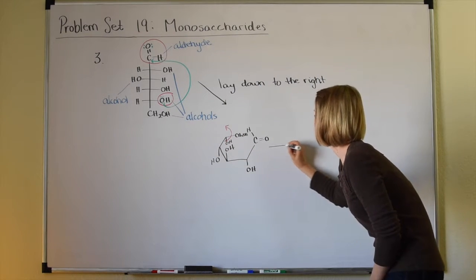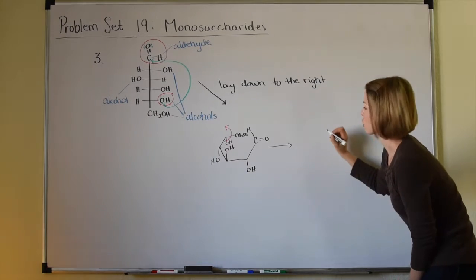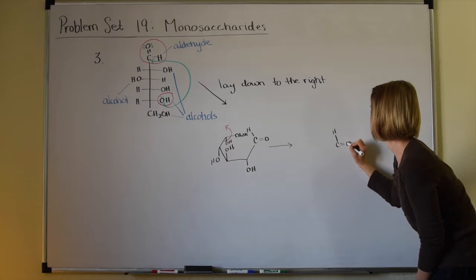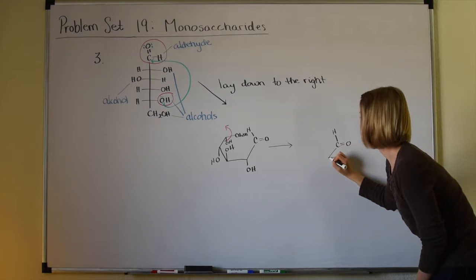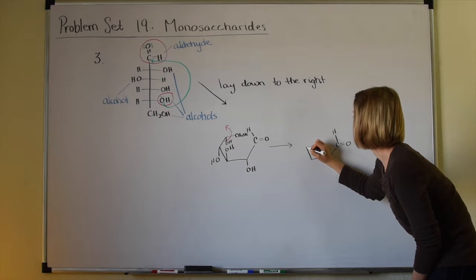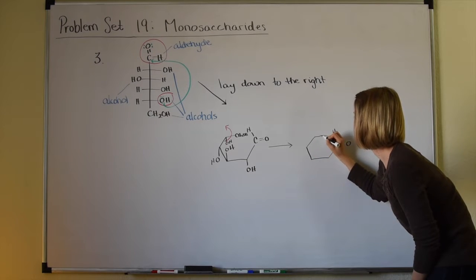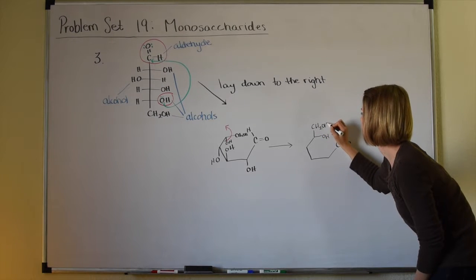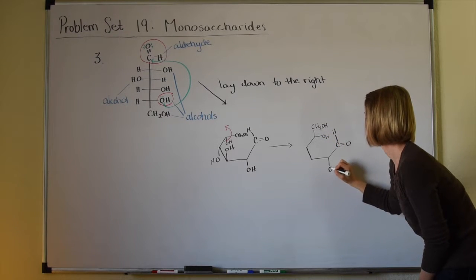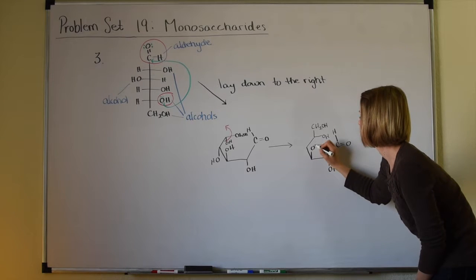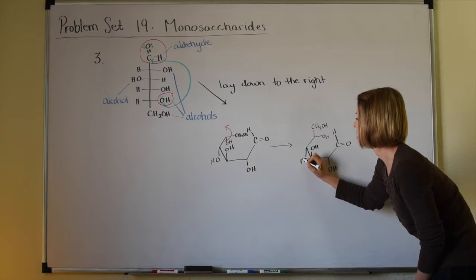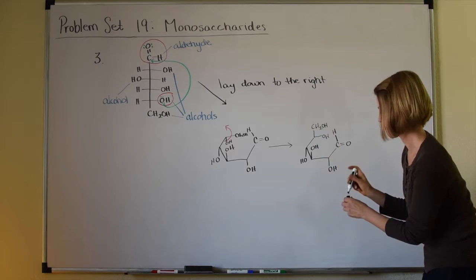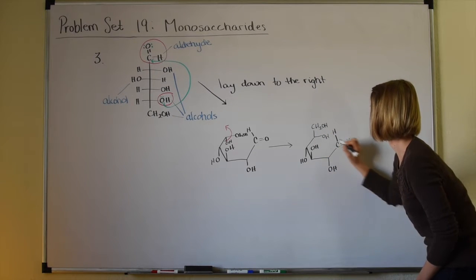Okay, so what that's going to look like, and this is not a chemical reaction, this is just rotating a single bond. Got the aldehyde, carbon 1, carbon 2, carbon 3, carbon 4, carbon 5. And here's our OH. And now our CH2OH is pointing up, hydroxyl's down, up, and down, because none of those bonds changed. Just this last bond rotated. Okay. And let's go ahead and draw in our lone pair of electrons.